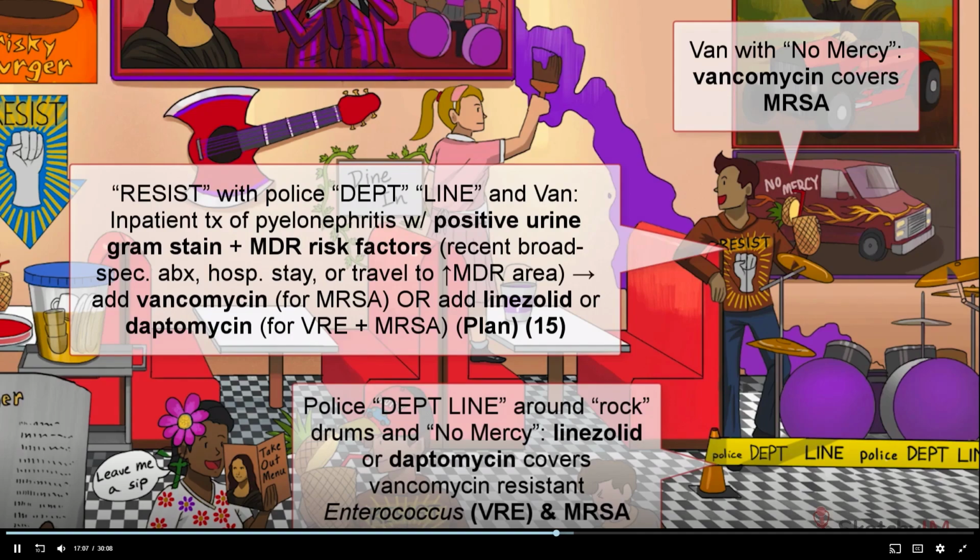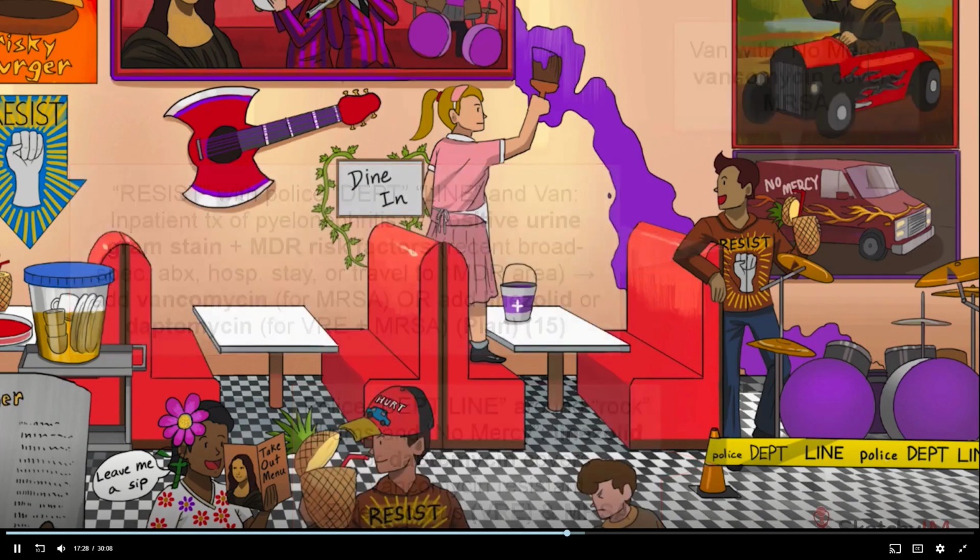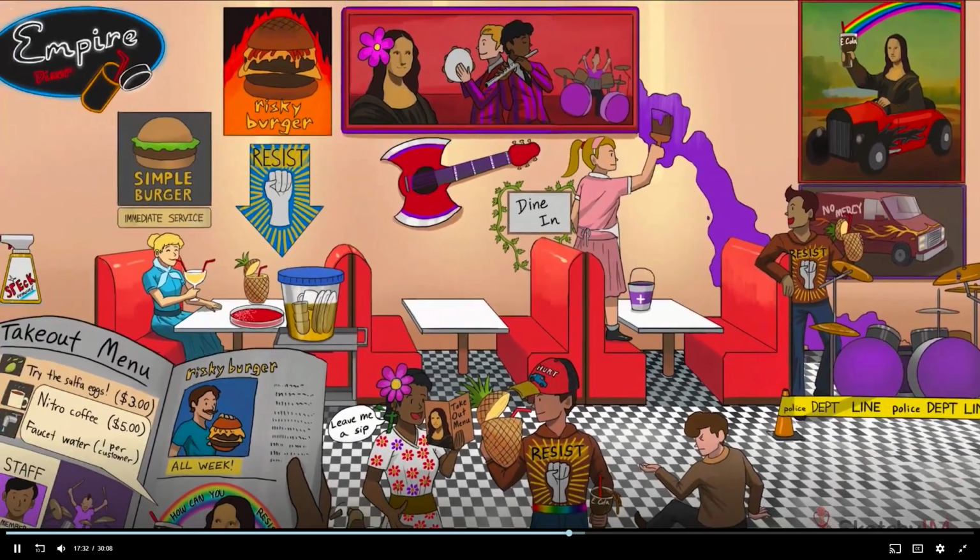We're talking MRSA and vancomycin-resistant Enterococcus, or VRE. Give vancomycin to cover MRSA, as depicted by that no mercy van. In the case of VRE, give daptomycin or linezolid, as depicted by the department line around the picture of rock drums. They'll cover MRSA too, by the way, so win-win.